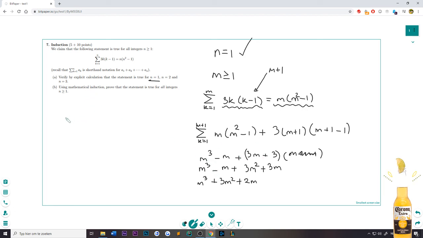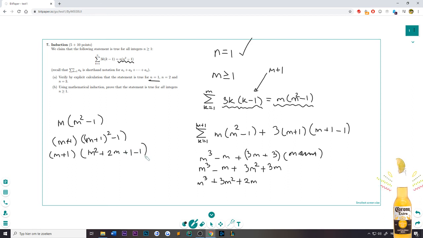And so now what we can also do is we can take this one here and now what if we substitute m for m plus 1? Well, what we get is m plus 1 times (m squared plus 2m plus 1 minus 1), right?